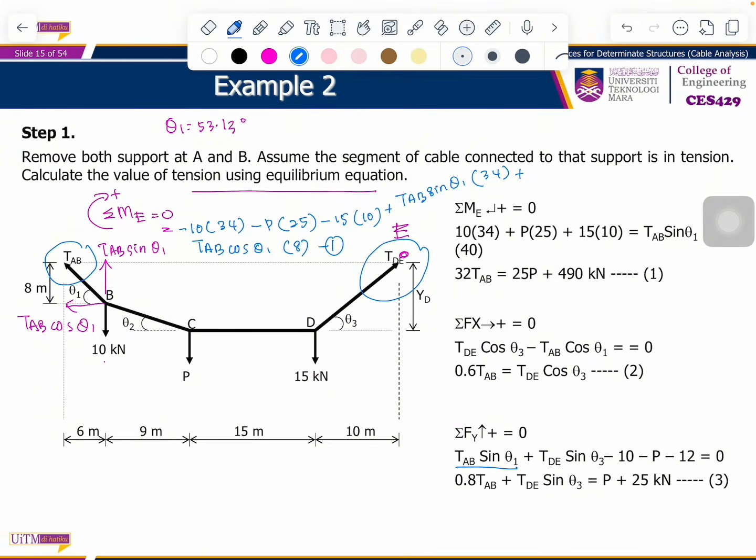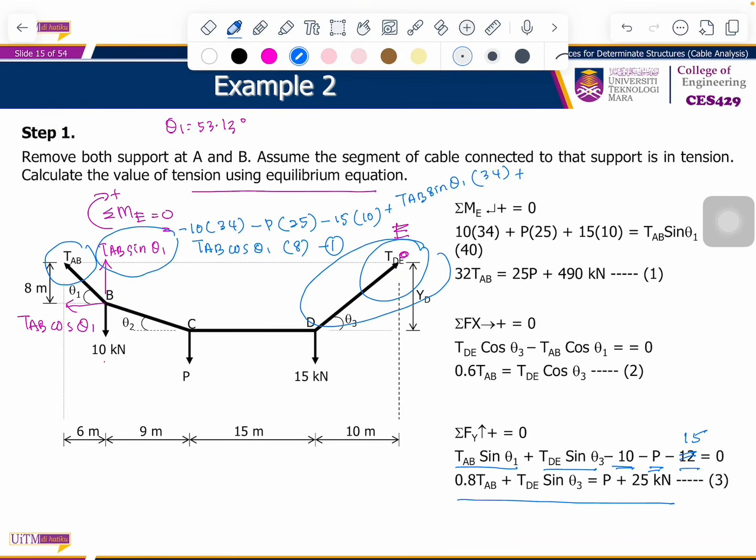TAB sine theta 1, minus TDE sine theta 3, minus 10 kilonewton at B, minus P at C, minus 15 kilonewton at D. When you rearrange this equation, 0.8 TAB plus TDE sine theta 3 equals P plus 25 kilonewton.